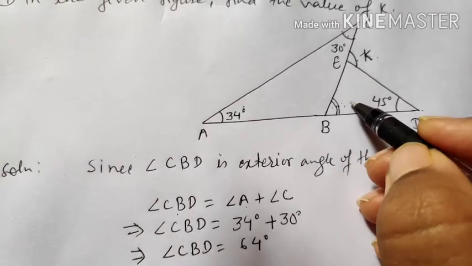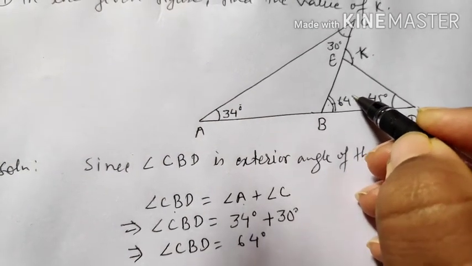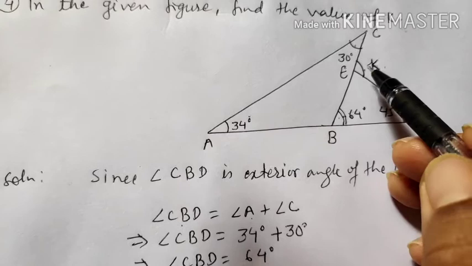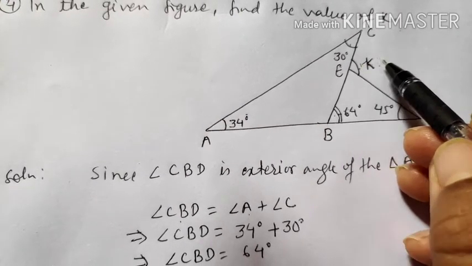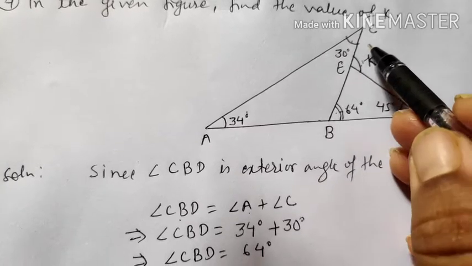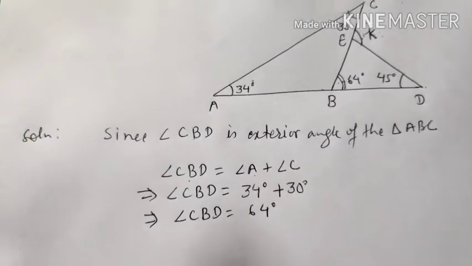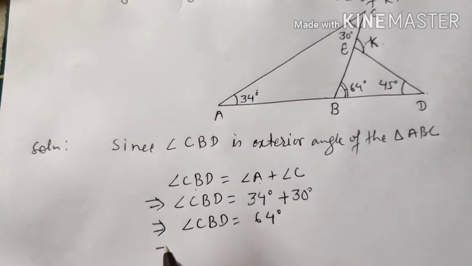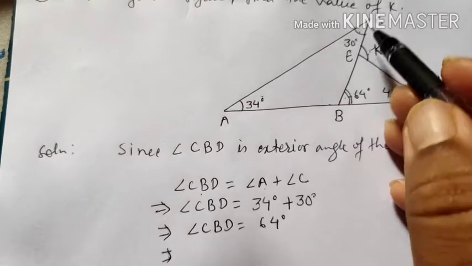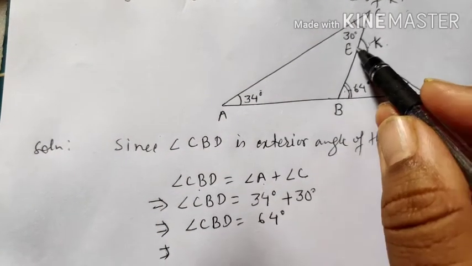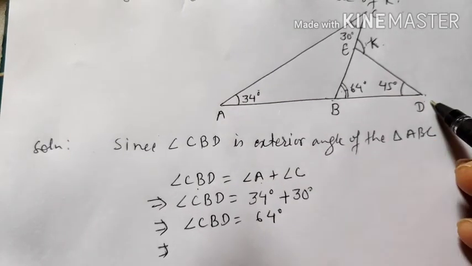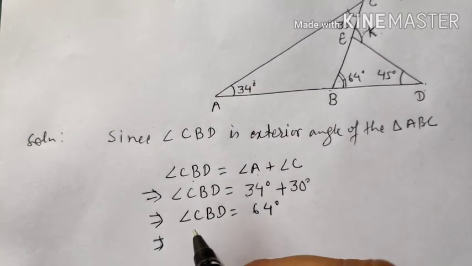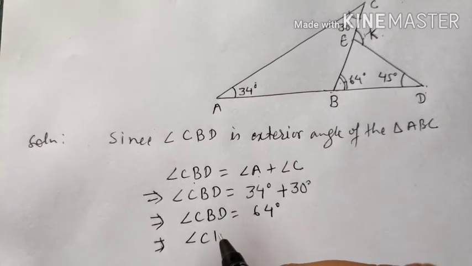So here we have found that this angle is 64 degree. Now we are going to find this angle E, exterior angle E here, that is the angle whose measurement is K. Now, we also may write angle CBD as angle EBD, because CBD and EBD are the same angle.